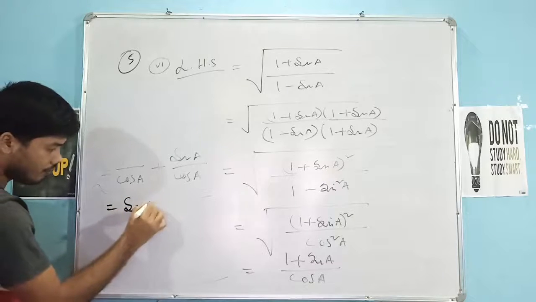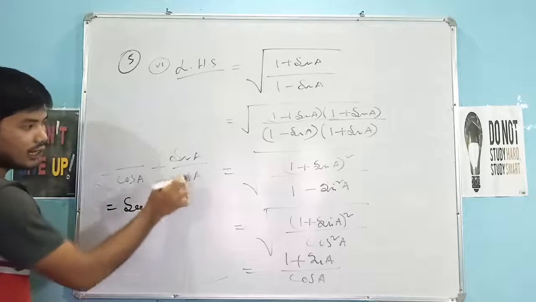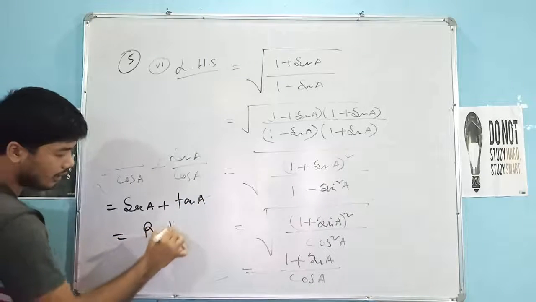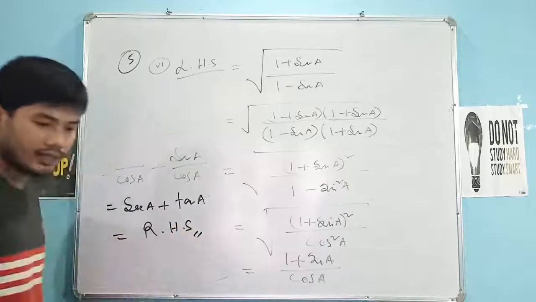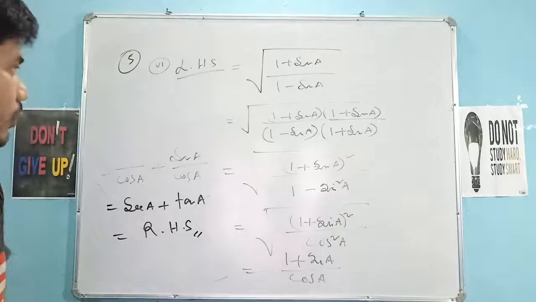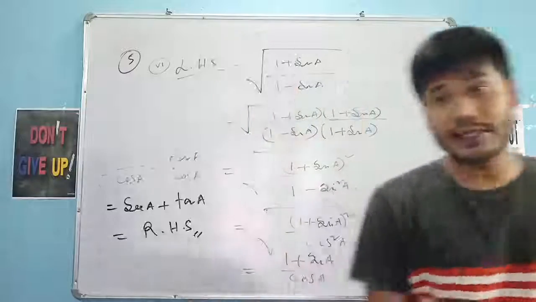Sec A plus sin A by cos A, this is tan A, and this is our right hand side. Right? Yes, this is our right hand side. Okay guys, alright? Awesome.